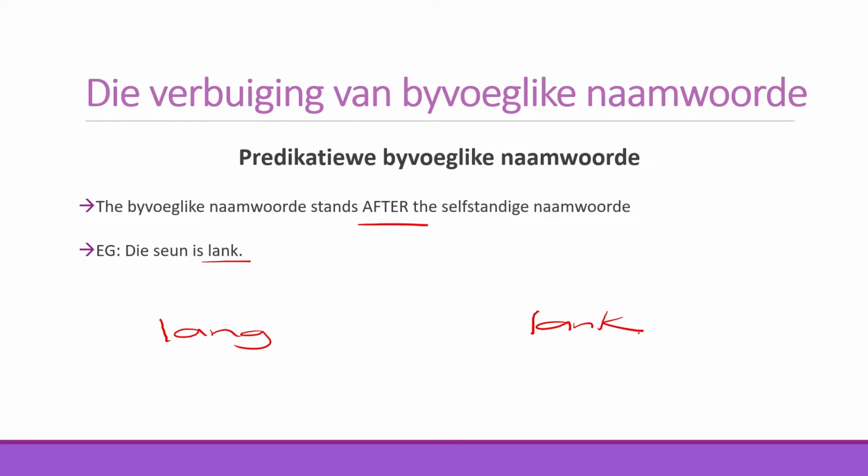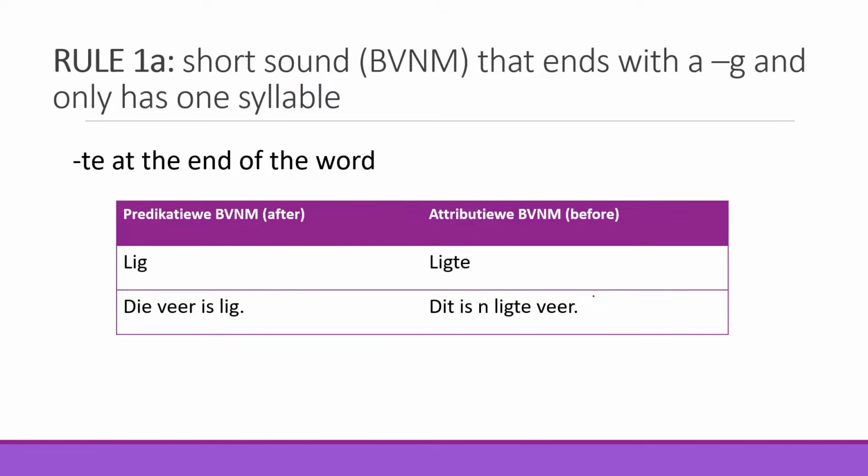Alright, so that is the difference. This is our attributive and this is our predicative. Alright, let's look at a few rules just to see how a word changes when it's in front of a selfstandige naamwoord or after the selfstandige naamwoord. Right, we'll start with after, then we'll look at before.